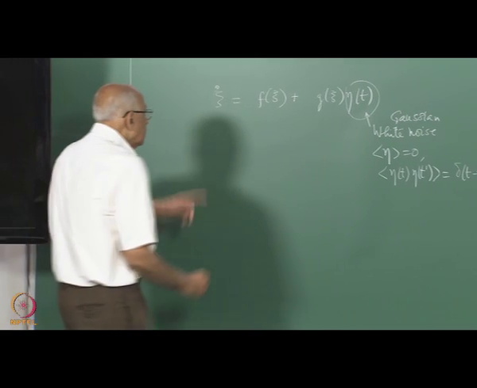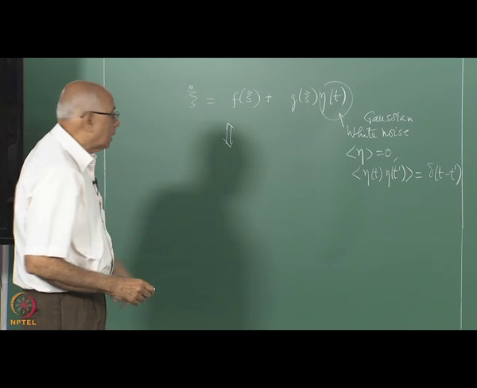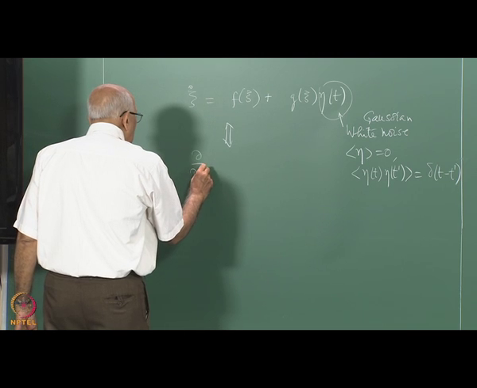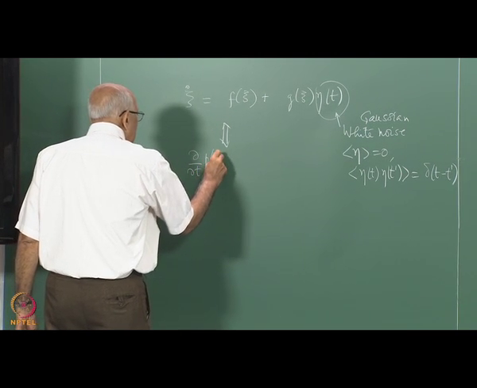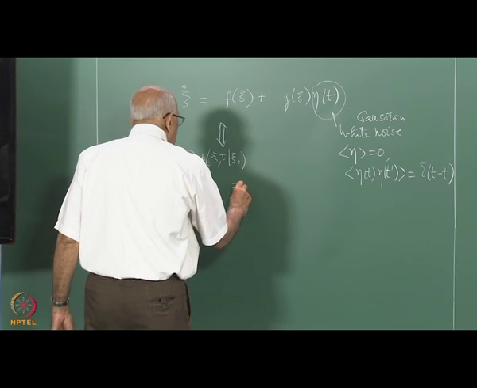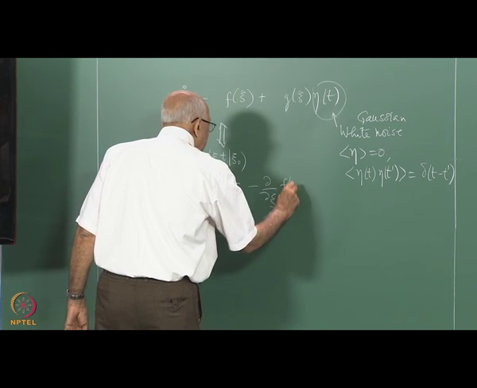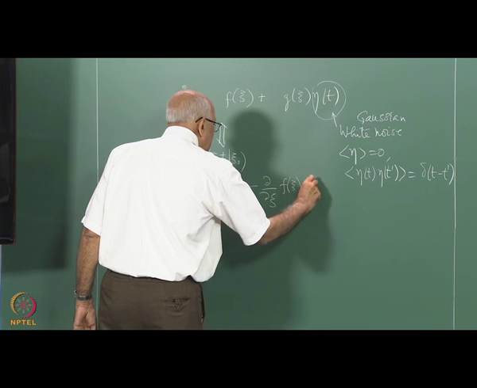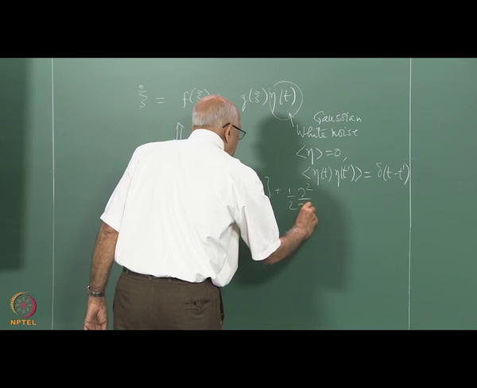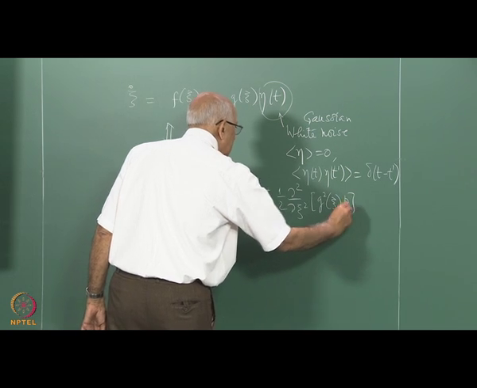Under those conditions this was equivalent to a Fokker-Planck equation for the conditional density of this xi with some initial condition: partial over partial t of p of xi, t for a given xi naught, equal to minus partial over partial xi of f of xi times p, plus 1/2 partial squared over partial xi squared of g squared of xi times p.